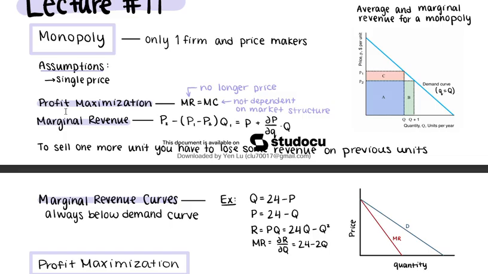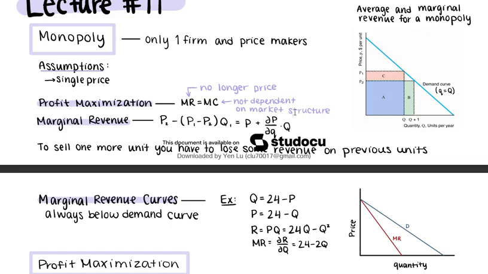That means the monopolist needs to lower all the items' prices in order to sell another item. So it's Q1, and P1 minus P2 is the poisoning effect.